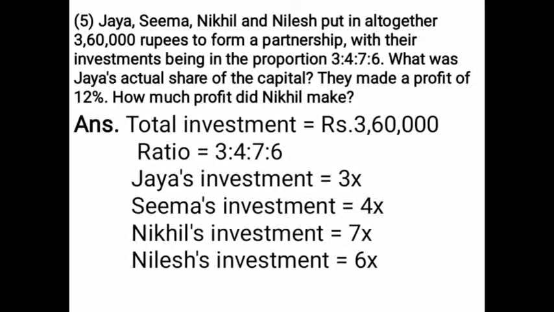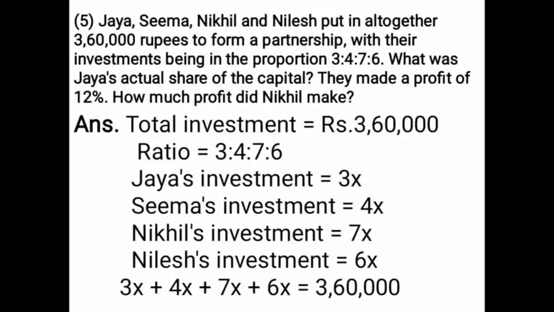This investment you have to take it total. Total investment is already given here. So these numbers you have to write on the left side in addition form. That is 3x plus 4x plus 7x plus 6x is equal to 3,60,000.